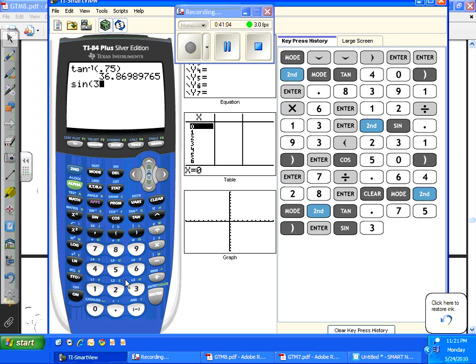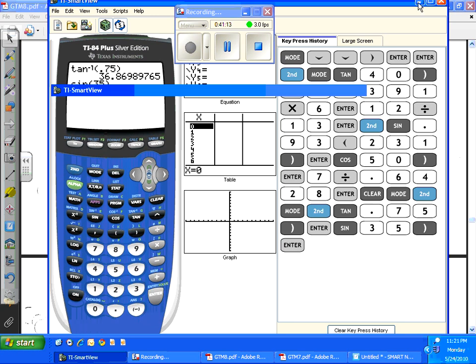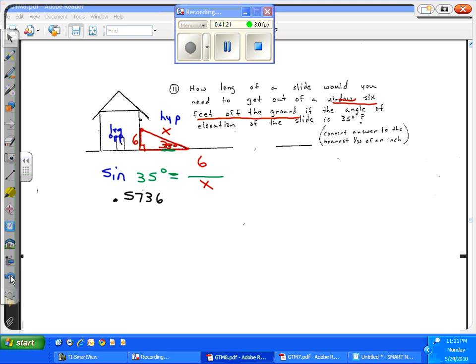Sine 35, 0.5736 rounded. 0.5736 is equal to 6 over x. If we do this as a proportion, we put it over 1 and cross multiply.